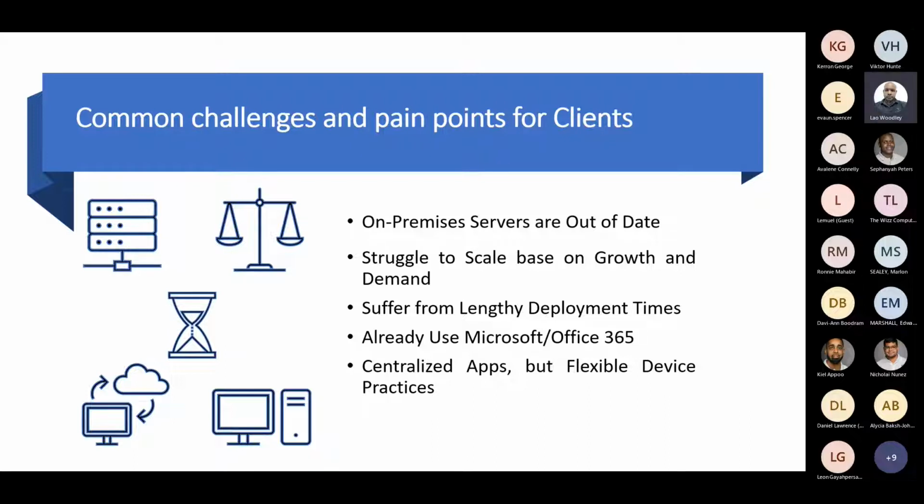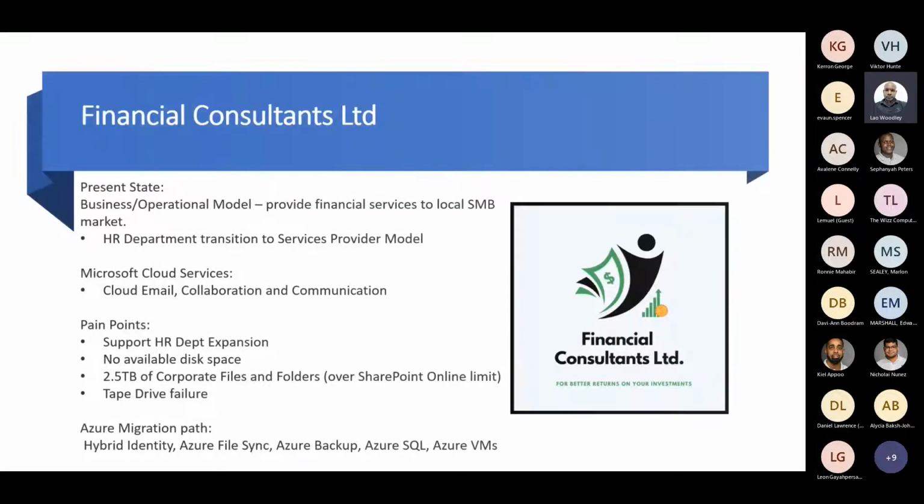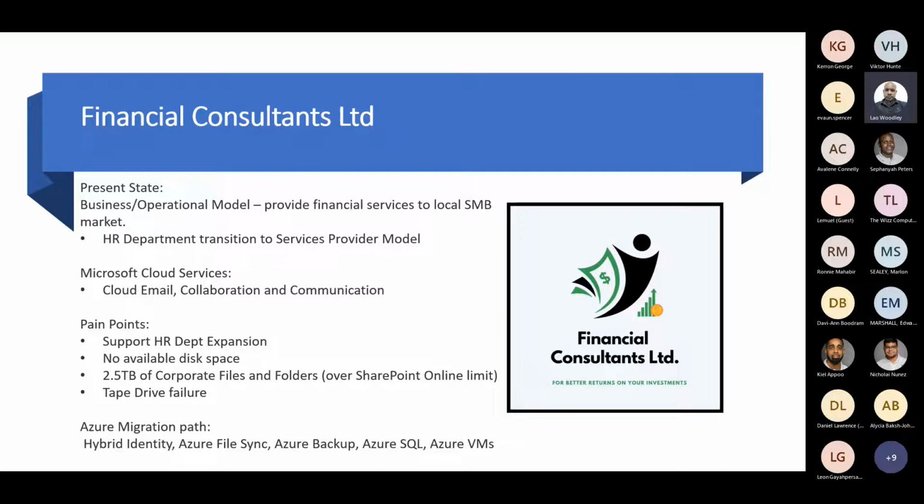Now, to summarize and to tie all of these pieces of the puzzle into a clearer picture here, we have invented a fictitious company. We call them Financial Consultants Ltd, who has presented to Davin particular pain points. He is interested in utilizing cloud technologies. Mr. CIO here has already moved his business to M365, utilizing cloud email, Teams, and that kind of thing.